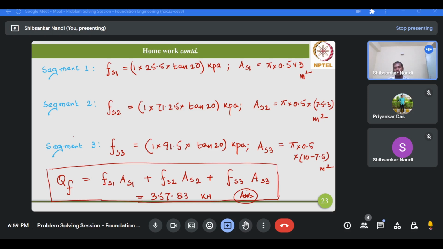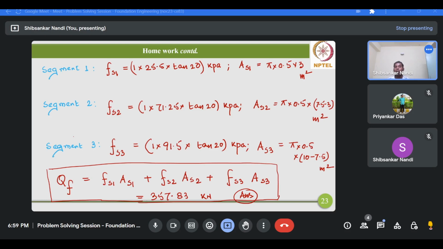The adjacent soil mass will be separated from the base of the foundation. So you have to be very careful that in any situation there should not be the chance of generation of negative pressure, or you can say the generation of tension crack beneath the footing base.